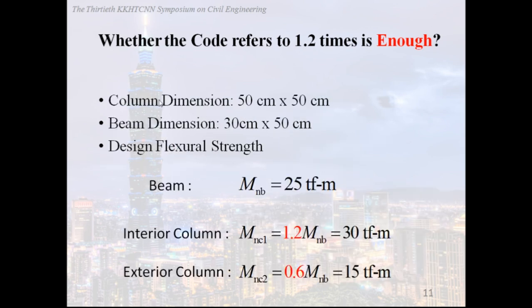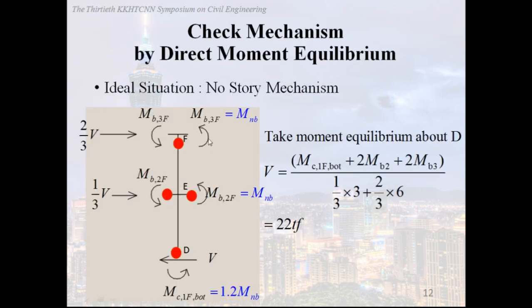And there are also some dimensional descriptions. In order to satisfy the code, we design flexural strengths of beams and columns. Check mechanism. Based on the previous assumption, we want to know which failure mode will happen.